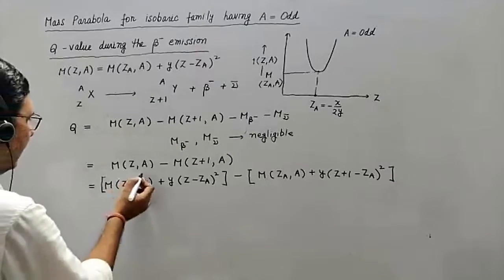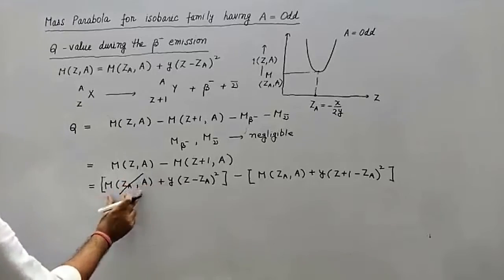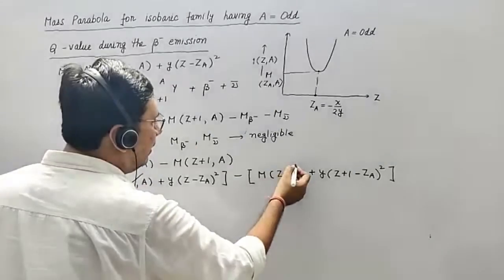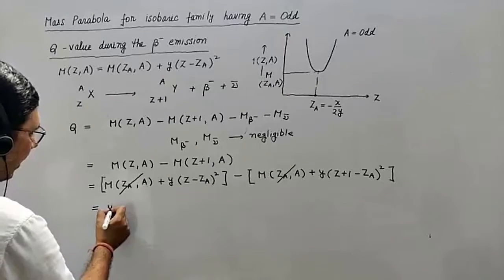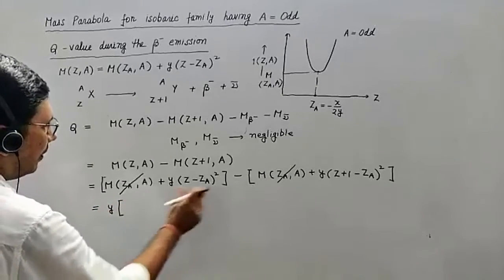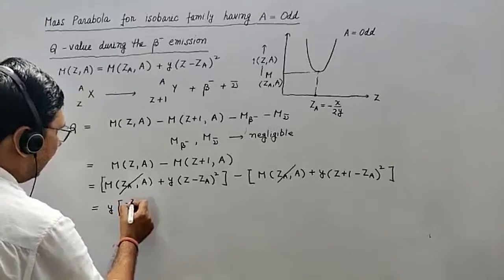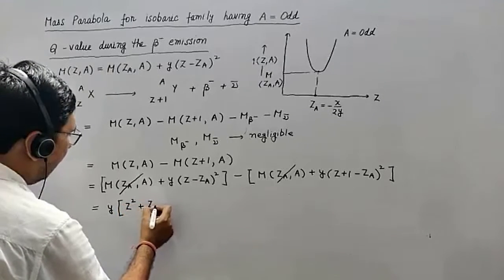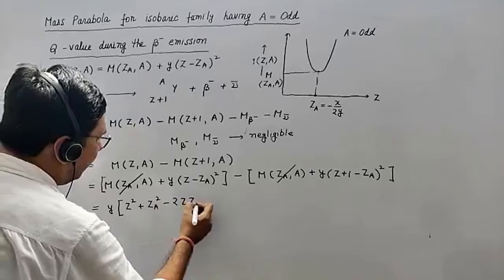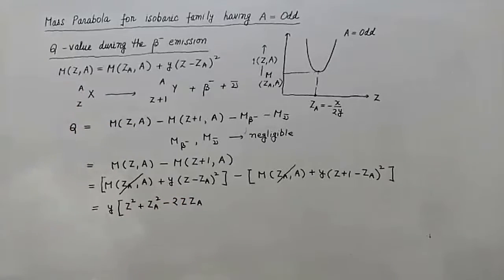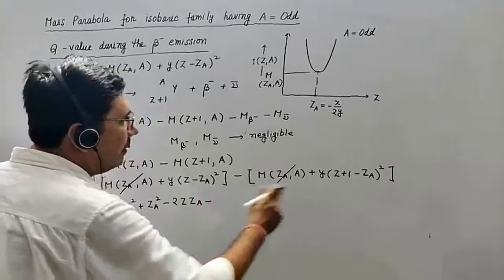Now, the mass of the most stable nuclei will be cancelled out, and in these two terms Y will be common. Open this square, so this will become Z square plus ZA square minus 2 times Z ZA, and here the minus sign is there.